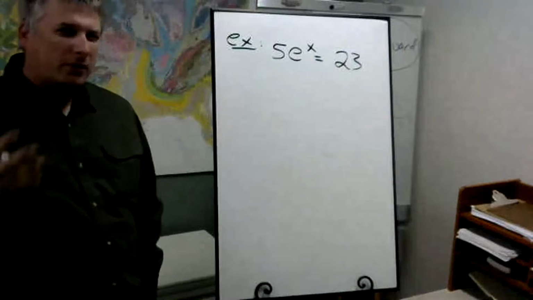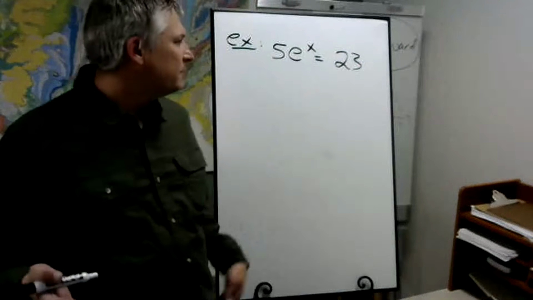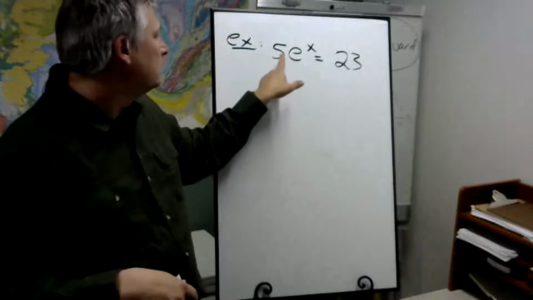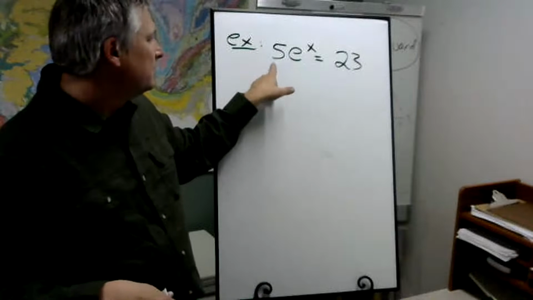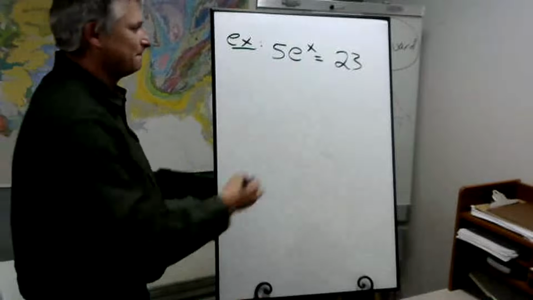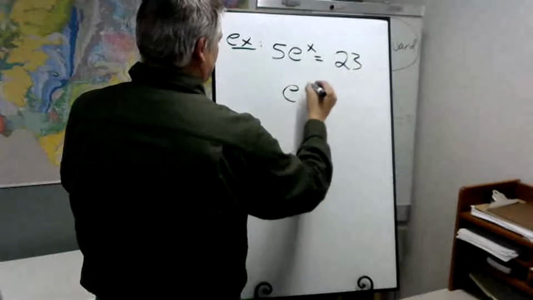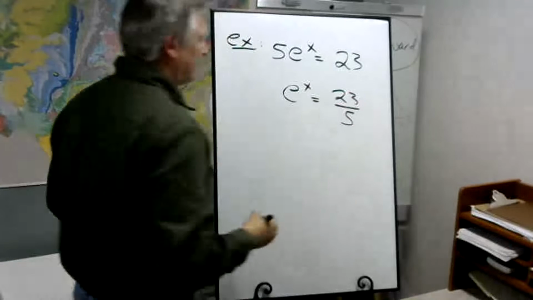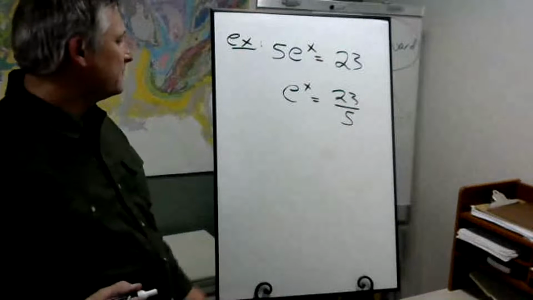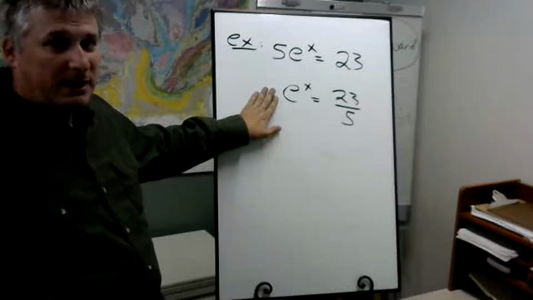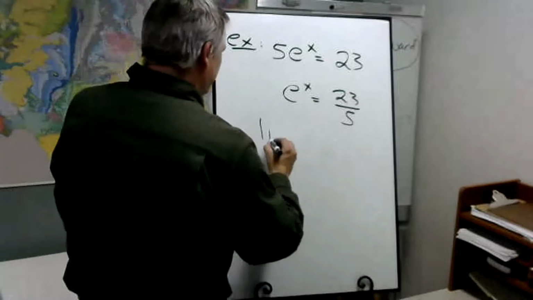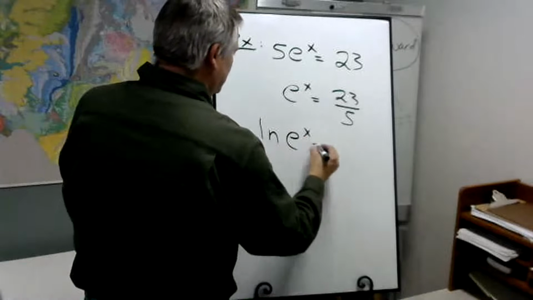Now this one, we want to work our way closer to x. So before we can take the logarithm, make this disappear, or the natural logarithm, we've got to get rid of this 5 first. Divide both sides by 5. Now we could do the logarithm. This is a base e, so we want logarithm base e, or the natural log.